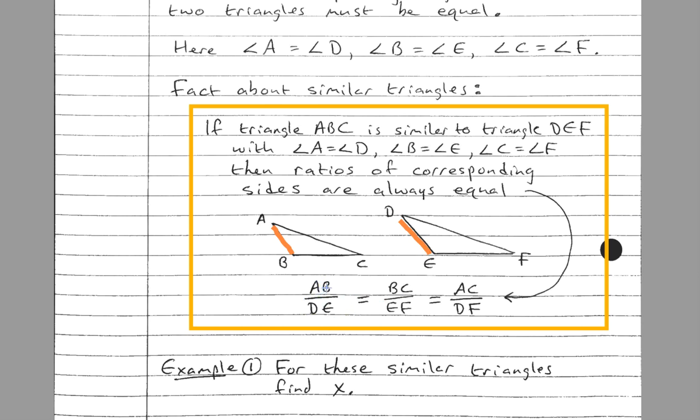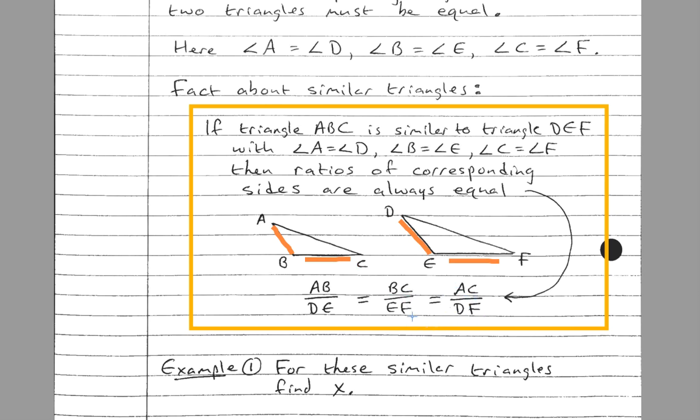So we're putting the side from the first triangle on the top, the side from the second triangle on the bottom. So this ratio has to equal the ratio of these two corresponding sides, BC, first triangle on the top, again, second triangle on the bottom.